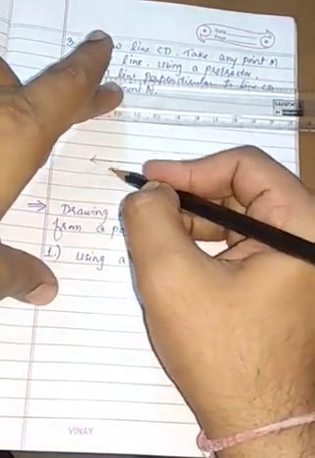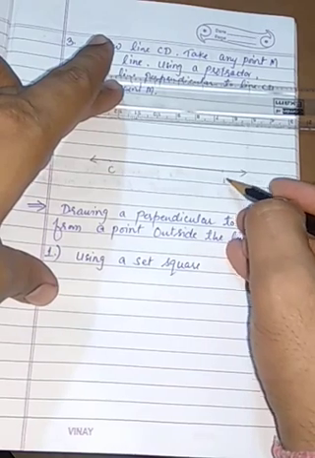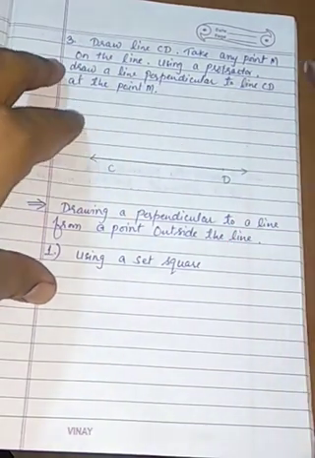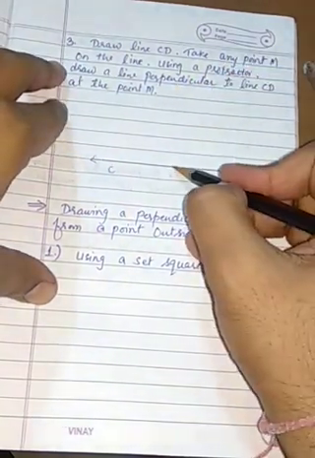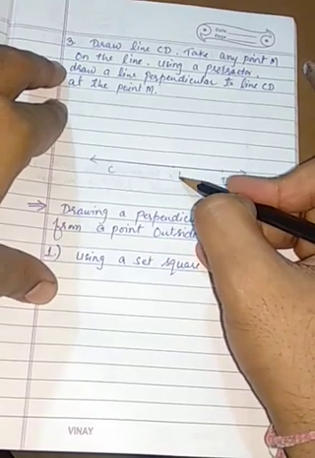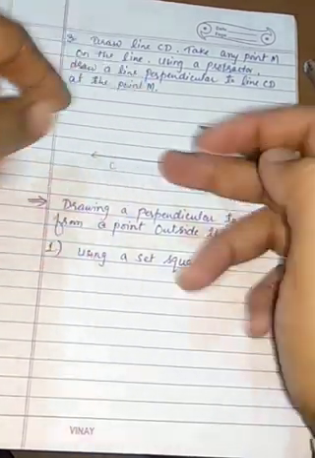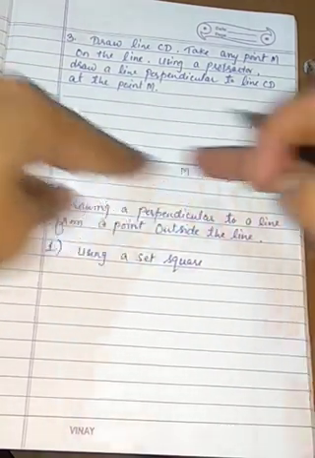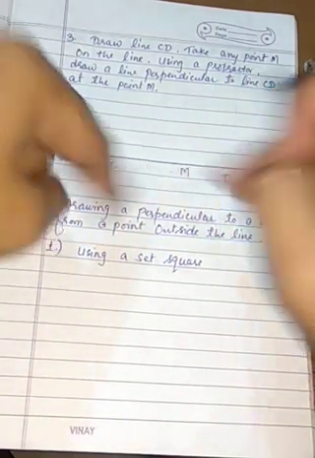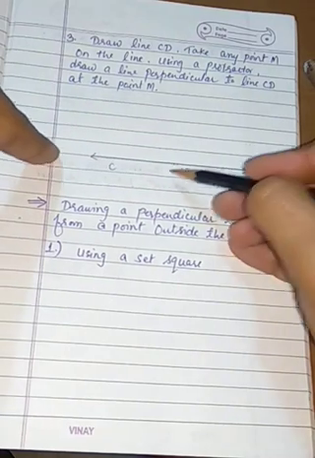Take any point M on the line. So I will take a point M. Always take this point, wherever you have to draw a perpendicular, somewhere in the middle. Don't take it at the corner, so it will be convenient for you. So line CD and there is a point M.